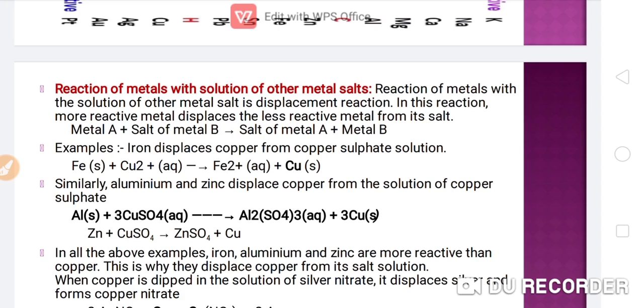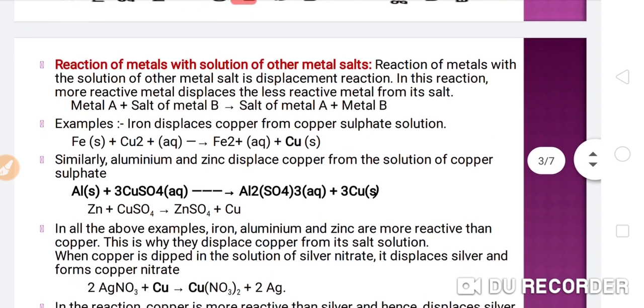For example, here Fe is reacting with Cu2+. You can suppose it as copper sulfate, because in the copper sulfate solution, the copper will exist in the form of Cu2+. So when Fe reacts with copper sulfate solution, Fe is a more reactive metal than copper. So Fe will displace the copper from its salt solution, that is the copper sulfate.